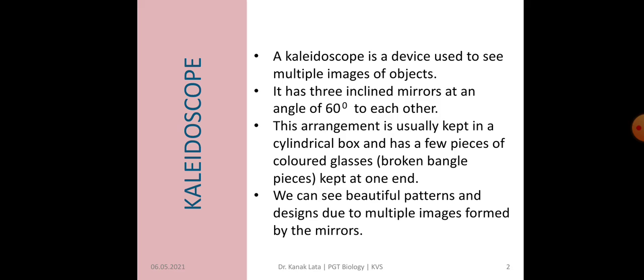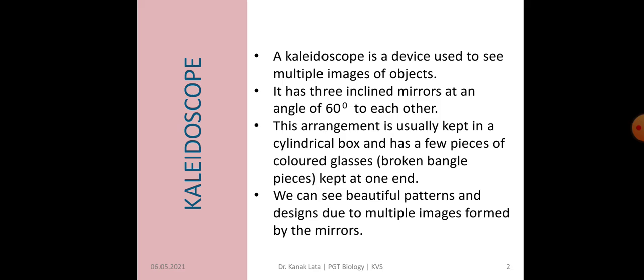Kaleidoscope is a device which is used to see multiple images of objects. For making a kaleidoscope, we require 3 rectangular mirror strips, each about 15 cm long and 4 cm wide.